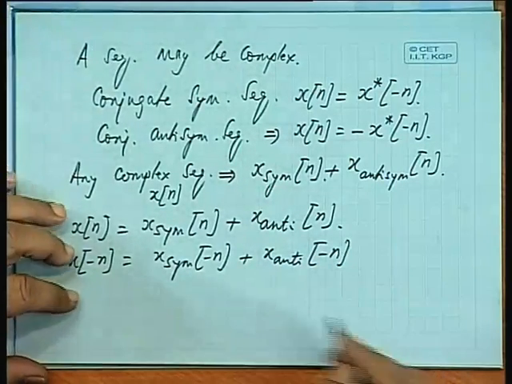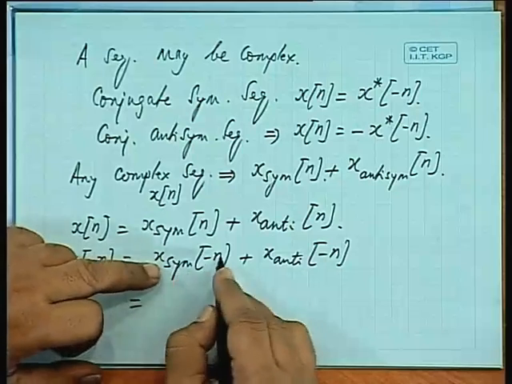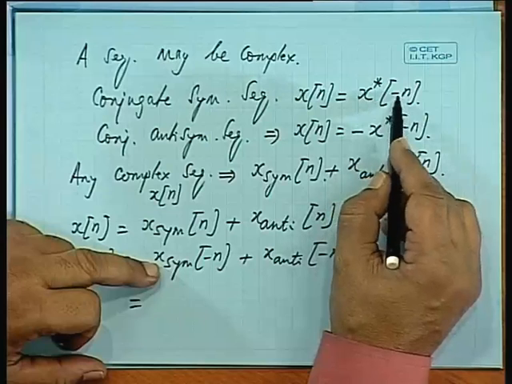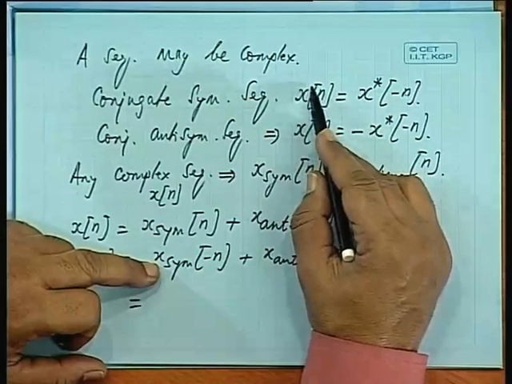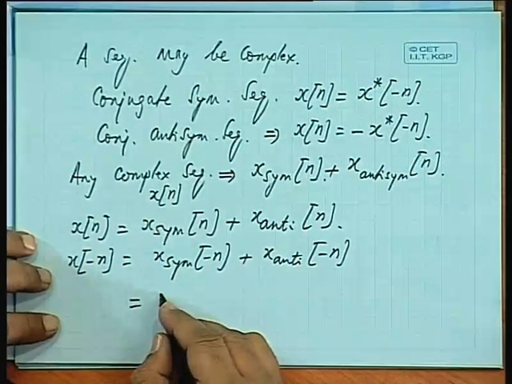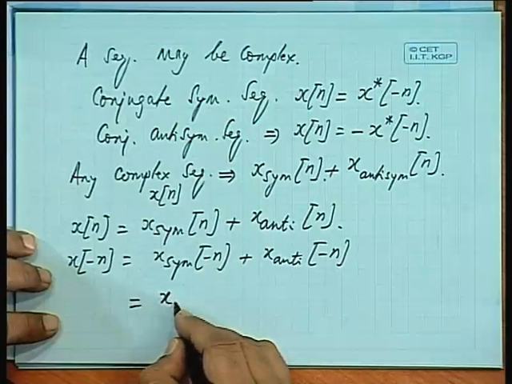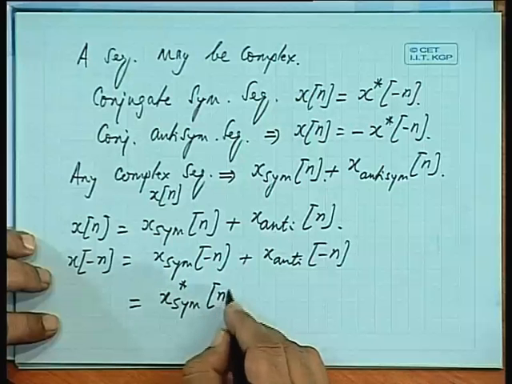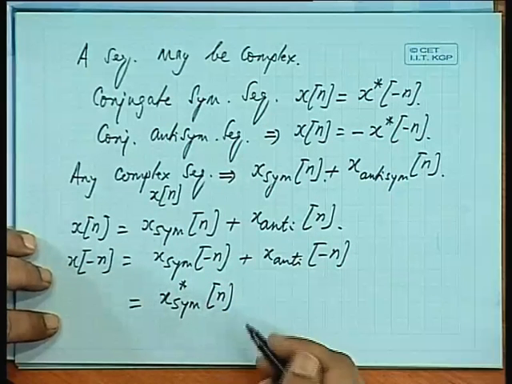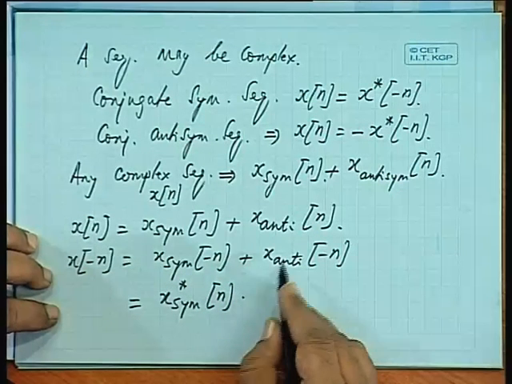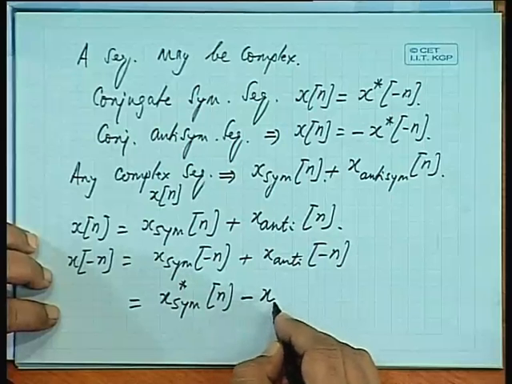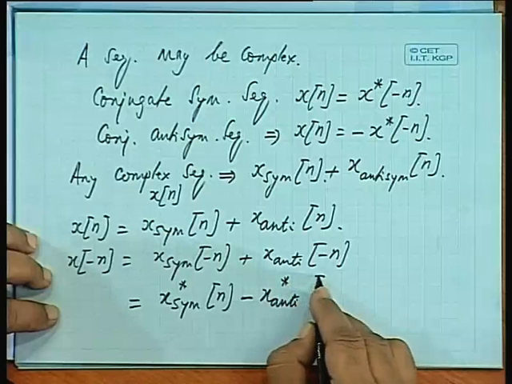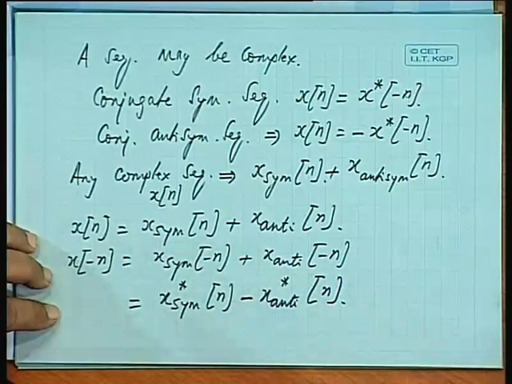And what is x symmetric minus n? For a symmetric function, x minus n will be x star. So, this is nothing but x symmetric star n, is it not? And this one, it will be minus x anti star n, is it all right?